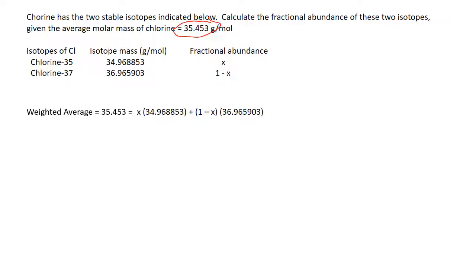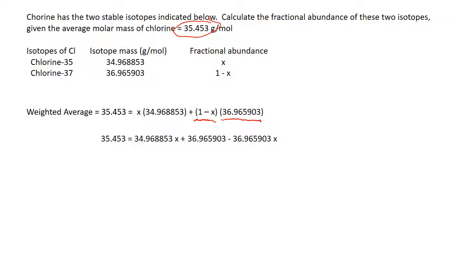Now, there's a few steps that will be required, but all fairly simple. First thing we're going to do is to rewrite the right-hand side and also distribute this 1 minus X times its multiplier. The left side of the equation will remain the same. 35.453 will equal 34.968853X. When I do the distribution, I get 36.965903 minus 36.965903X.